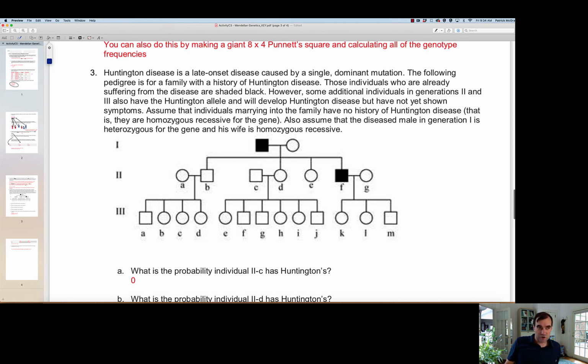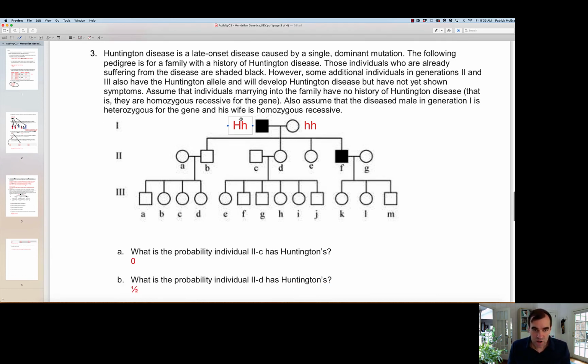You're also told to assume that the individual that has the disease has this genotype. They're heterozygous, so this is a dominant mutation, so we only have to have one copy to have Huntington's, and then the wife is homozygous recessive, so the wife does not have it.